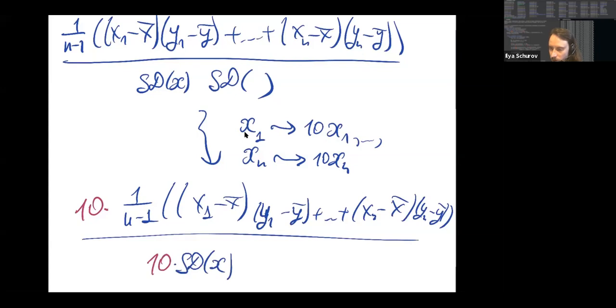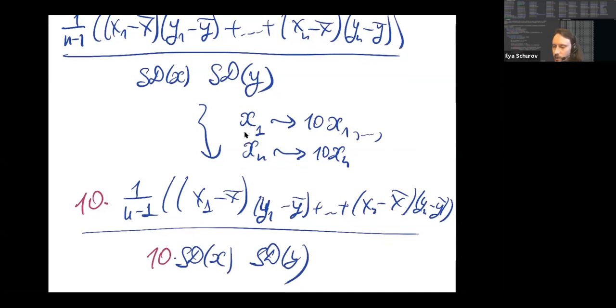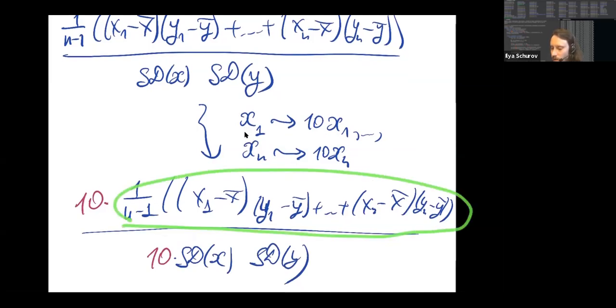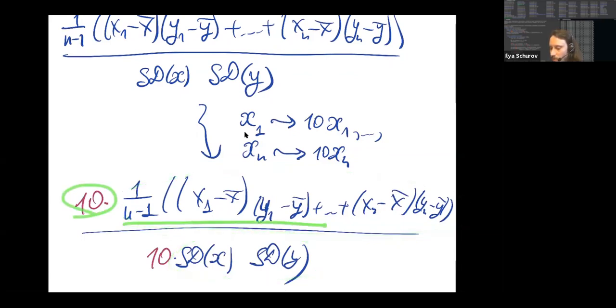Sorry, there is an error here. So we see that numerator and denominator are replaced by 10 times the initial numerator and denominator. So these values just cancel each other, and we have the same value that we had before.